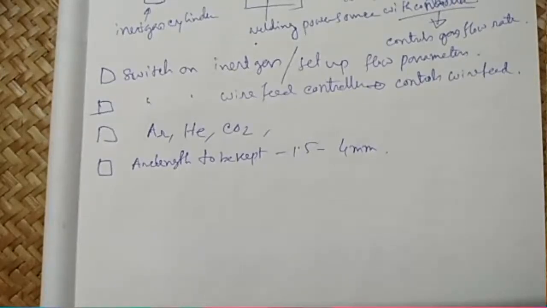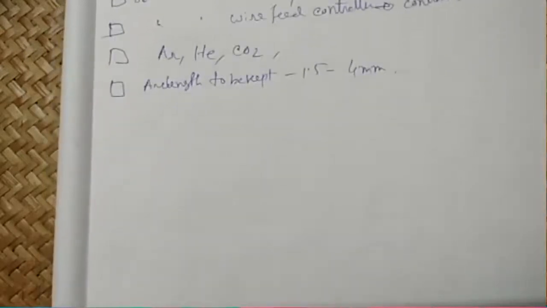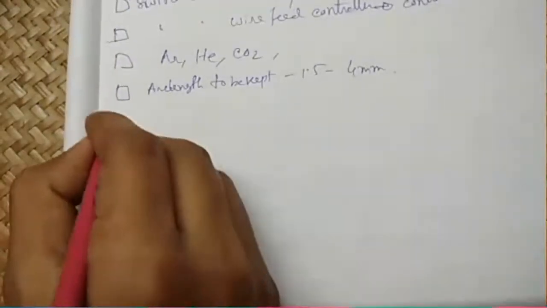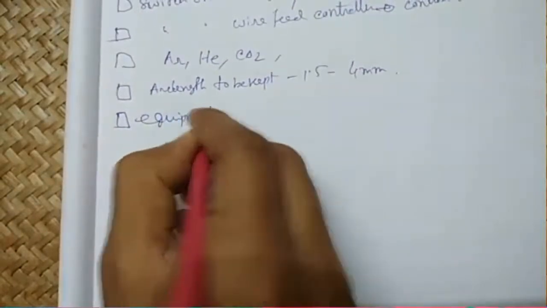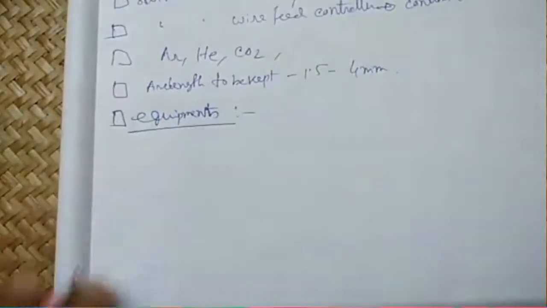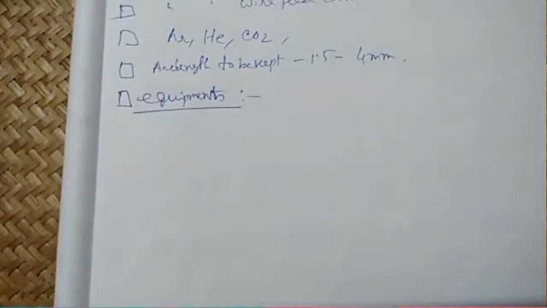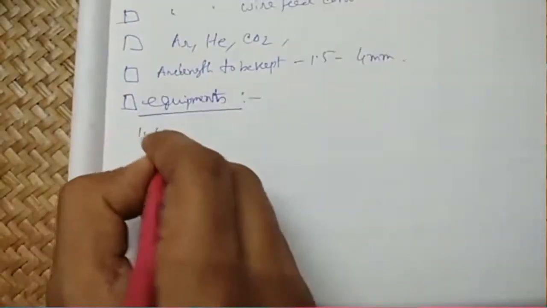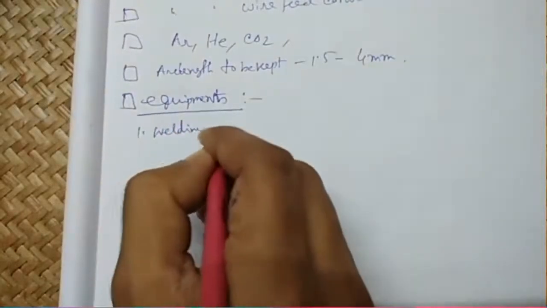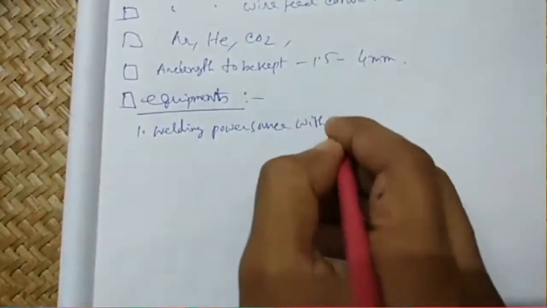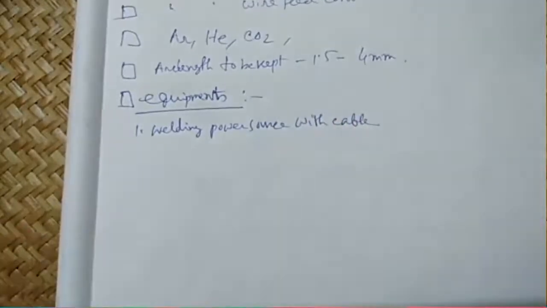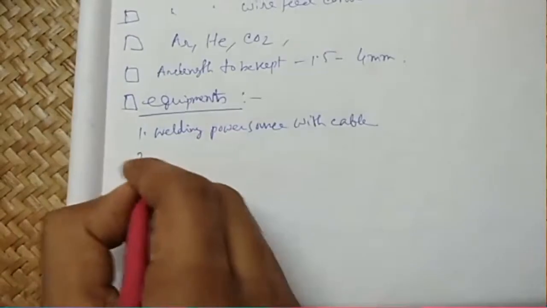Now, equipment required. Equipment required in GMAW, gas metal arc welding, is a welding power source with cable, and a welding gun.